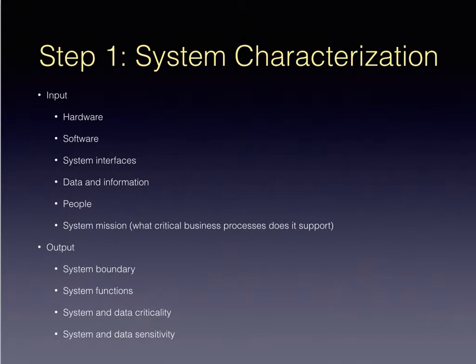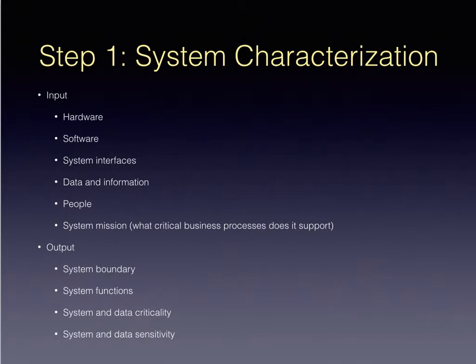The output of this activity is system boundaries and also trust boundaries. At what point do you allow people, processes, and devices to cross over into the system? And what levels of trust do those people, processes, and devices need to have to cross that boundary into the system?